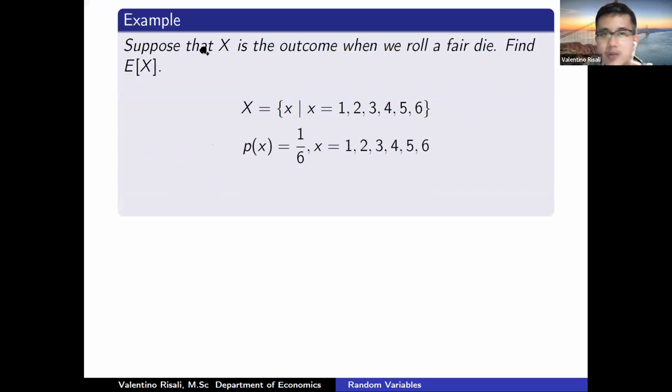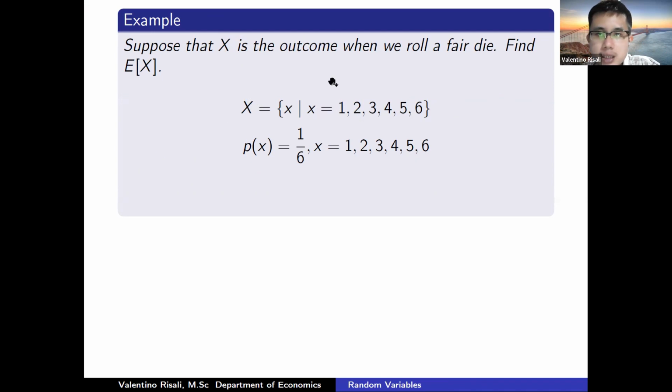For example, if we deal with the experiment of rolling a six-sided die, x is the outcome. So the possible values of x are 1, 2, until 6.